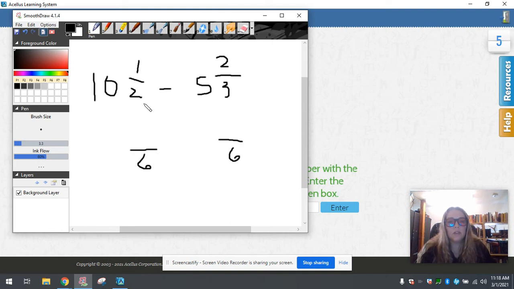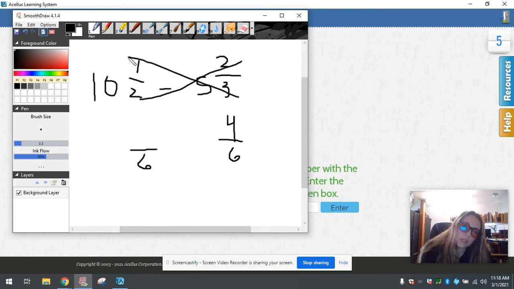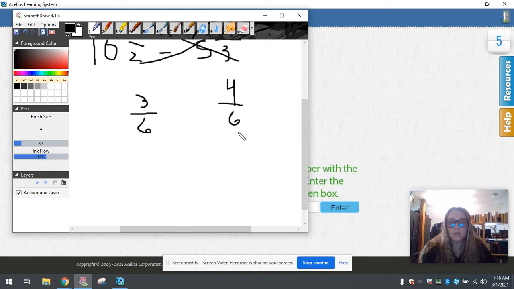Cross multiply. 2 times 2 is 4. 3 times 1 is 3. 1/2 is equal to 3/6. 2/3 is equal to 4/6.